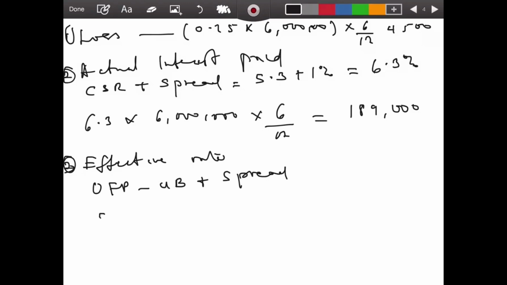So your opening futures price is 5.6 minus unexpired basis of 0.15 plus the spread of 1%. Let's see what that will give us. It will give 6.45%.